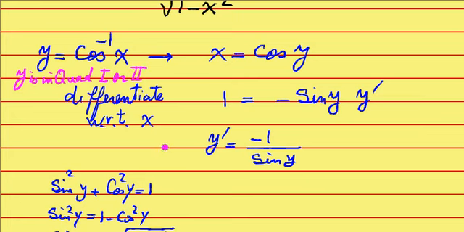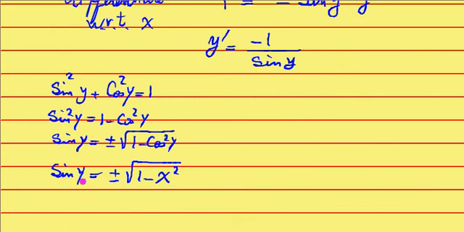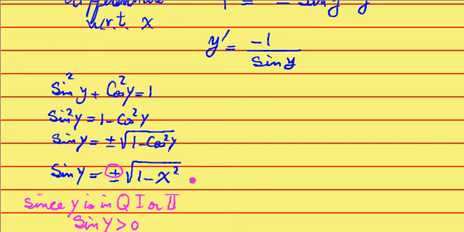Cosine inverse of an angle is always defined to be an angle in the first or second quadrant. Therefore, since y is in quadrant 1 or 2, we know that sine of y is going to be positive. So plus is the correct choice, and sine of y for us is going to be just the square root of 1 minus x squared. That finalizes our formula here.